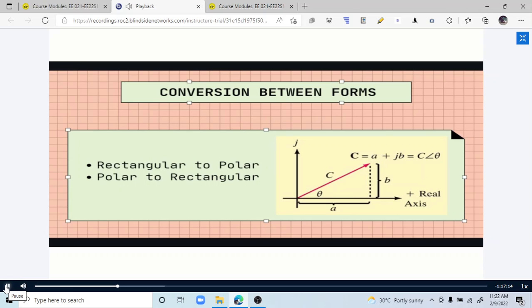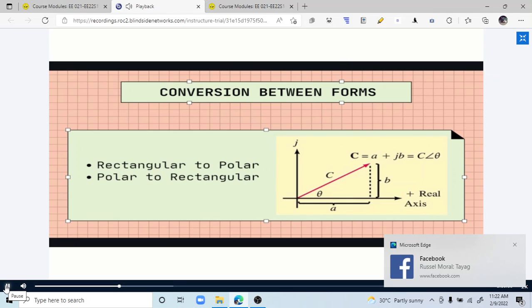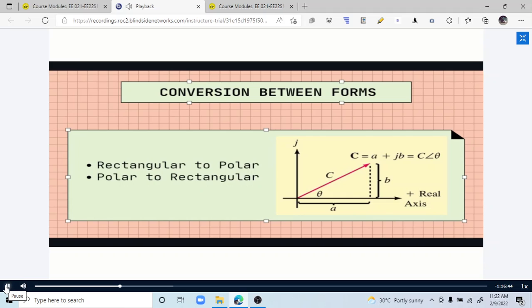What about if you are going to get theta, given A and B? What would be the equation? If we are observing theta here, the angle here, B is what side? B is basically the opposite side. What about A? A is the adjacent side.